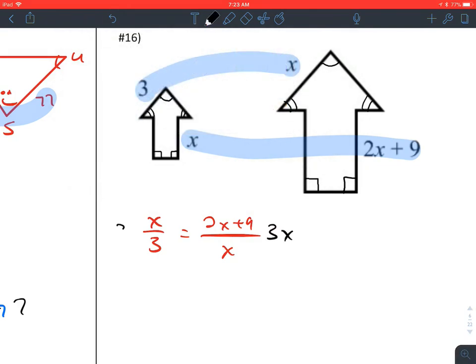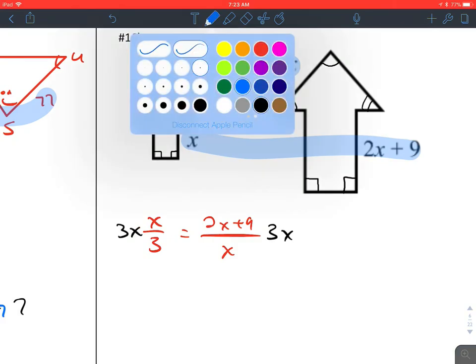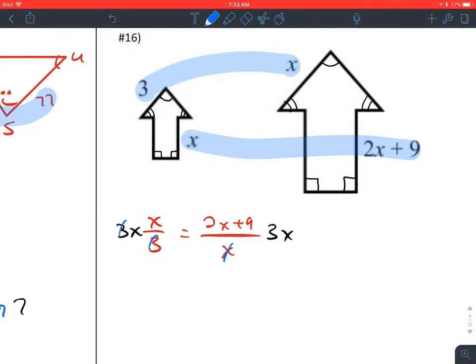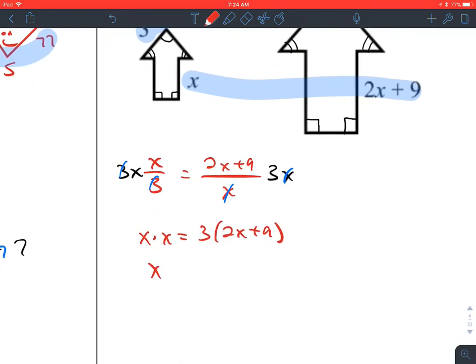I'm going to multiply both sides by 3x. That will get rid of my 3's on the left and my x's on the right. So I get x times x equals 3 times 2x plus 9. X times x is x squared. Distribute the 3, we get 6x plus 18.